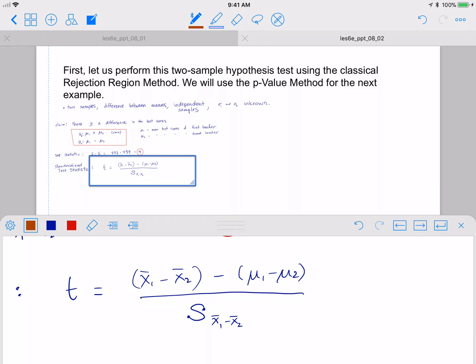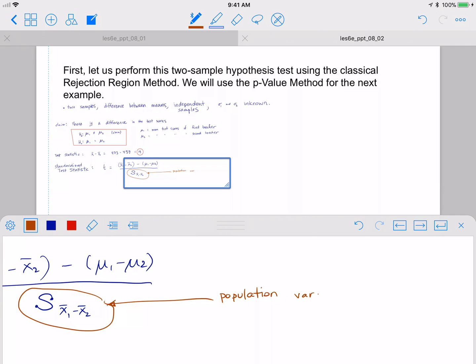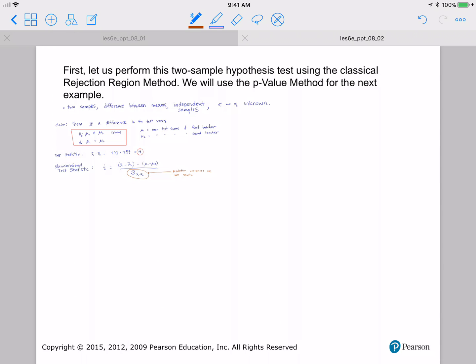Now, the thing to note is that since the population variances are not equal, because we were told that in the problem, we're going to have to use a different formula.